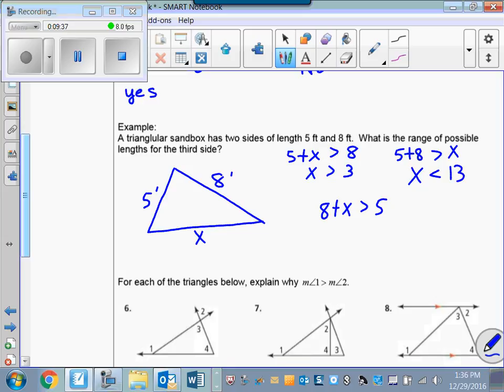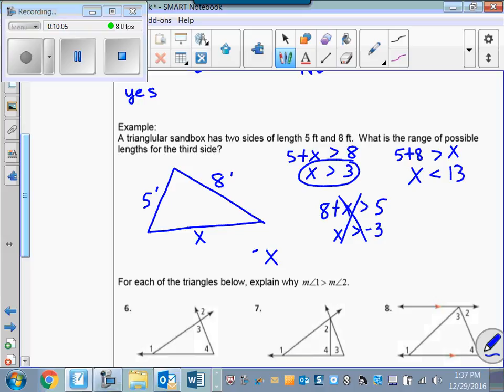Because that goes back to that original property. What this tells me is that x has to be greater than -3. But I know that x can't be negative, so I'm going to stick with 3 as my low end. So there's my range. x has to be greater than 3, but it has to be less than 13.